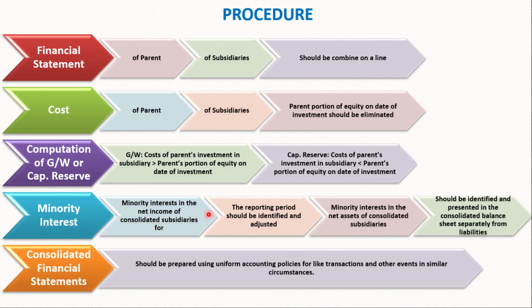Minority interest in the net income of consolidated subsidiaries for the reporting period should be identified and adjusted. Minority interest in the net assets of consolidated subsidiaries should be identified and presented in the consolidated financial statement. Consolidated financial statements should be prepared using uniform accounting policies for like transactions and other events in similar circumstances. So this is the procedure of CFS.